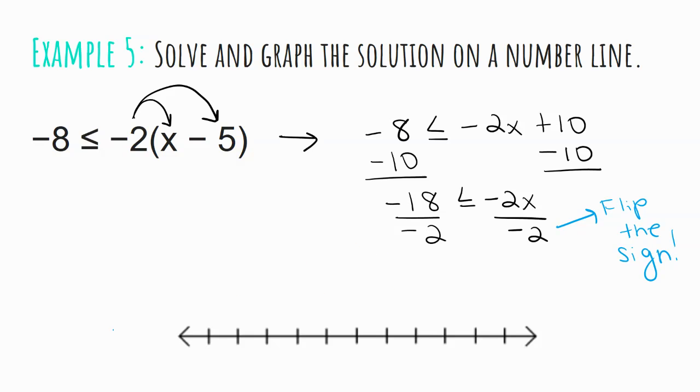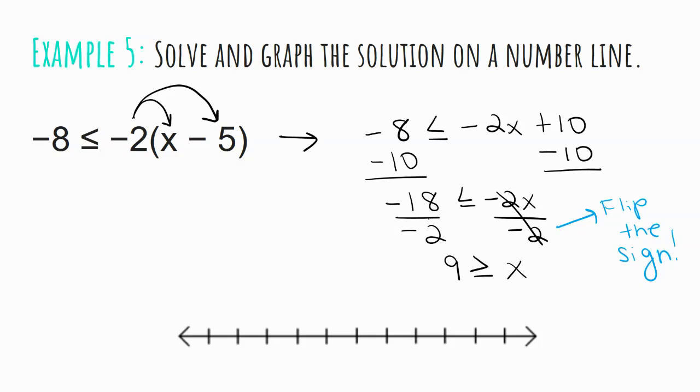Yay! So when I flip the sign, my new inequality is going to be 9, because negative 18 divided by negative 2 is positive 9, is greater than or equal to x. My negative 2 is canceled. Now, I don't want this to confuse you, because now our variable's on the right-hand side.